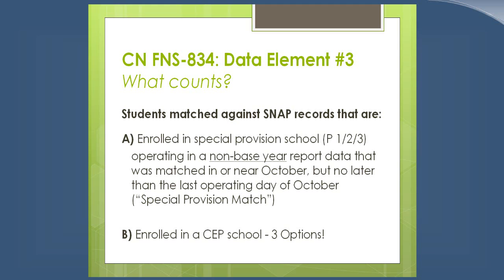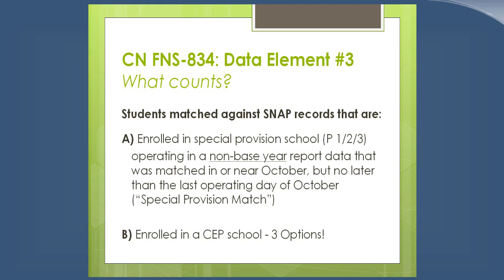It's really important here to remember that during a base year in one of these provision schools, the students are being directly certified by the SNAP records and are reported on the FNS-742 in box 3-2B. It'd be in data element 1 in a base year.